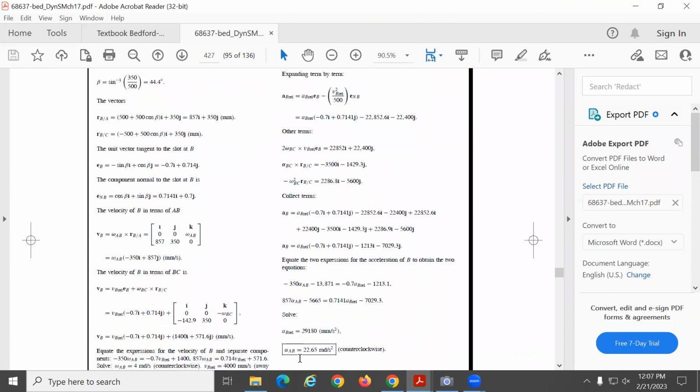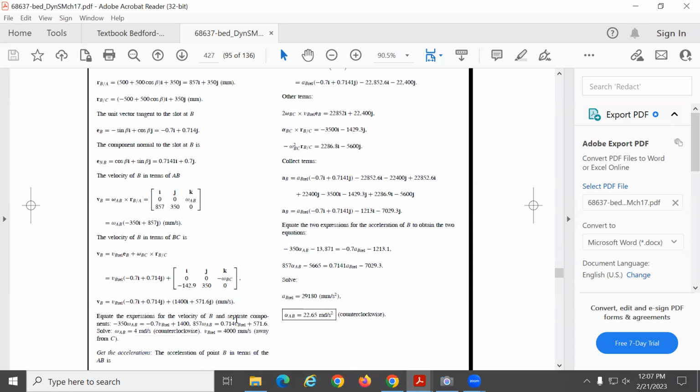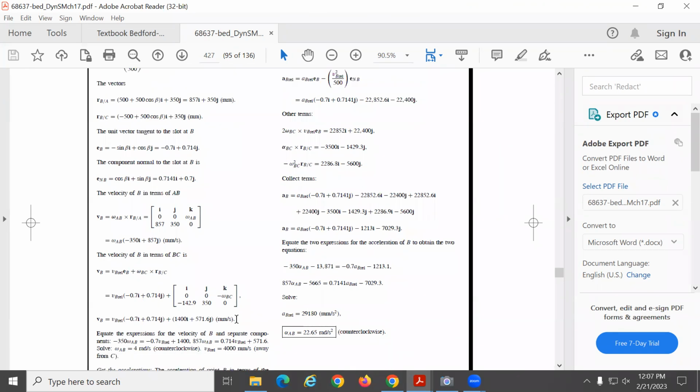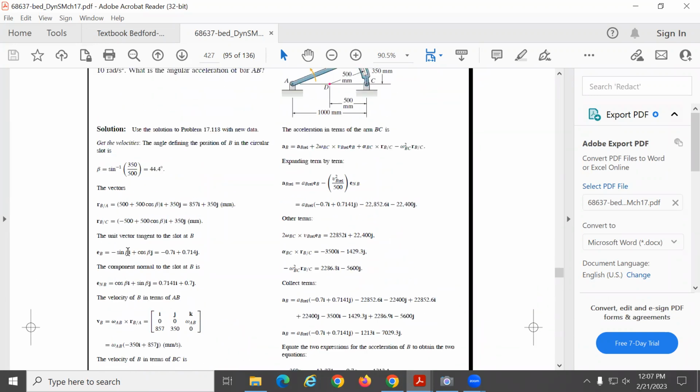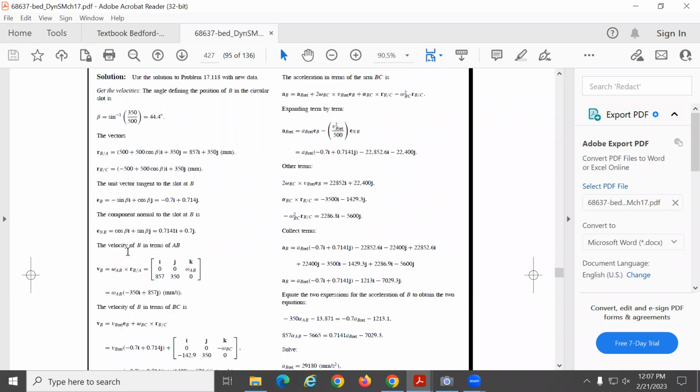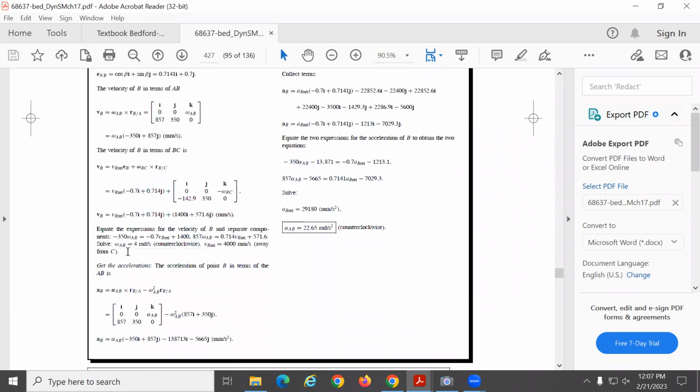What did we use for omega IB? 22.65? 1.72. Oh, no, that's alpha IB. No, good. Okay, so that should be the answer. I'm looking for omega AB. What they have over here. They don't have it, no? Oh, maybe down here.